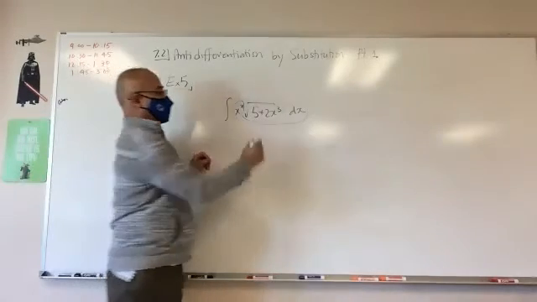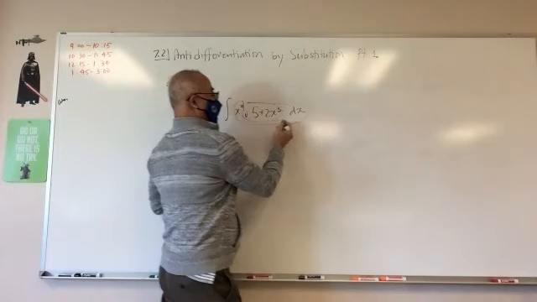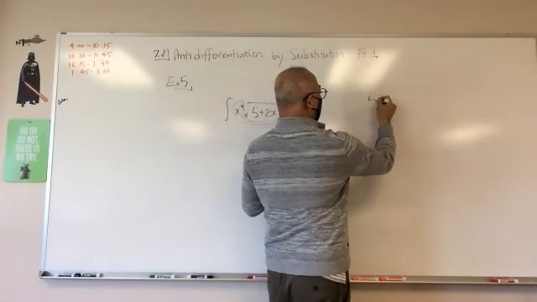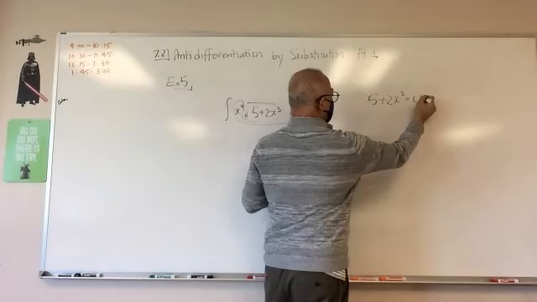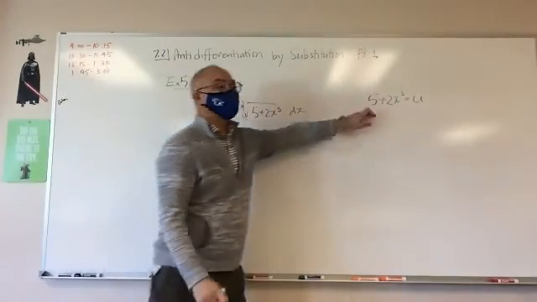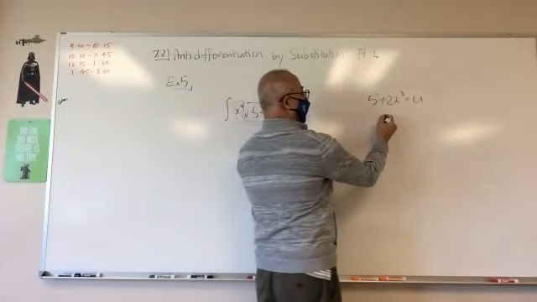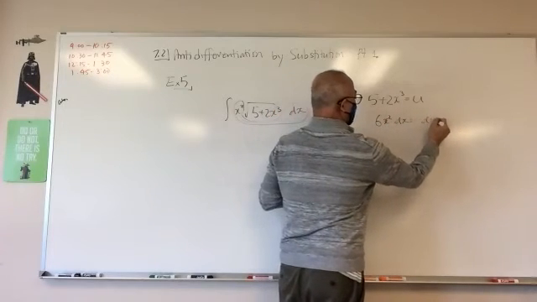Mm-hmm. But look at this. I have this guy right here. So if I go ahead and take that whole thing and substitute it as u, okay, well now I take the derivative of this, what am I going to get? 6x squared dx is equal to du.